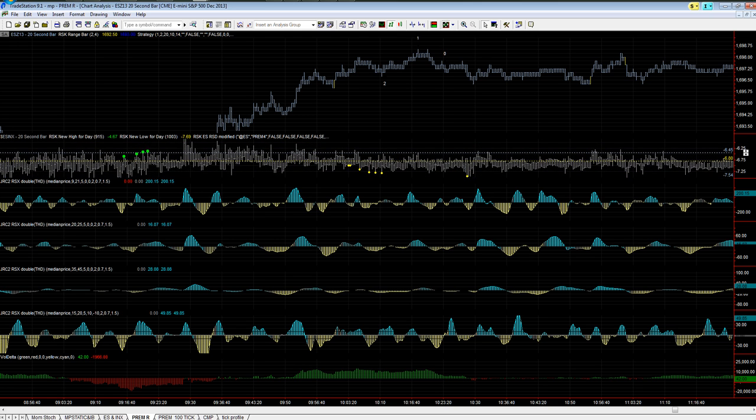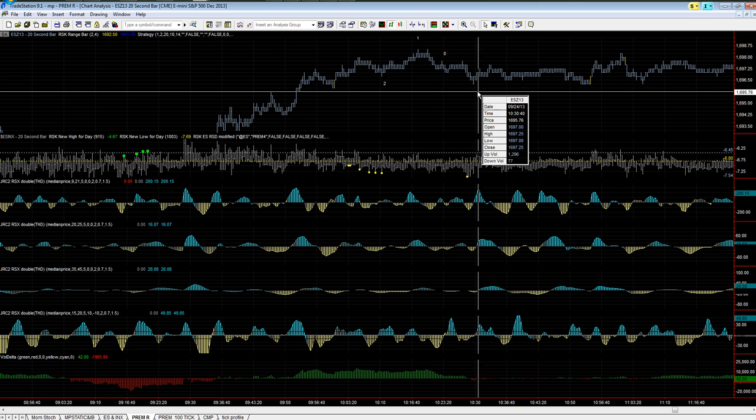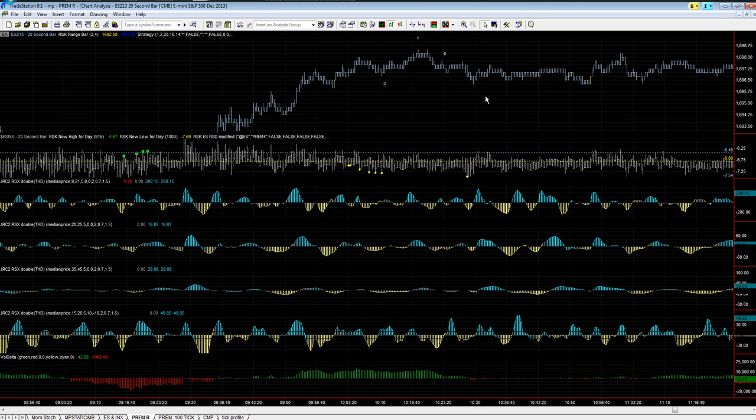I'm going to expand this out so that you can see it real clearly. All right, so we get above the upper value area on this bar. So we could go a little bit higher. And when we do, on the very next bar that we have an equal high, premium drops, there's your divergence, and down it comes again.